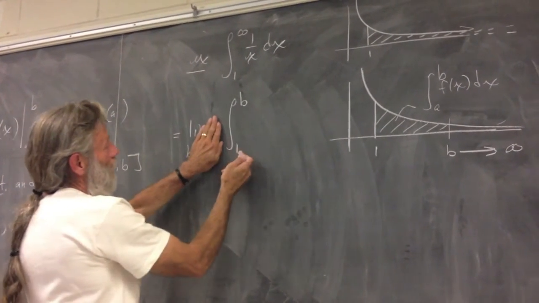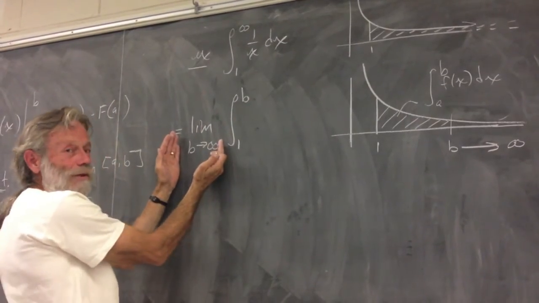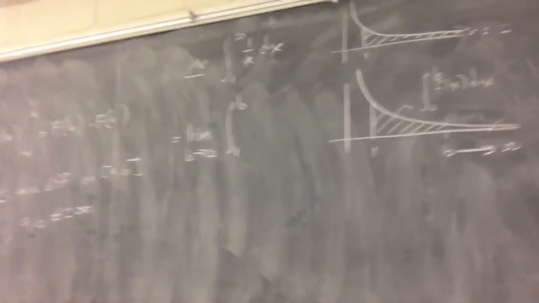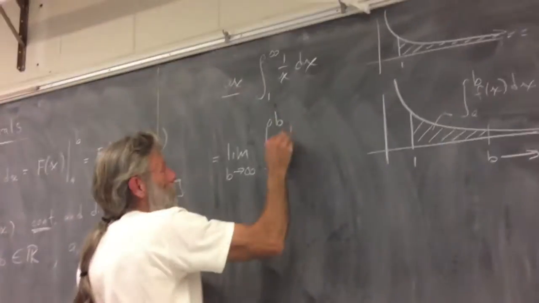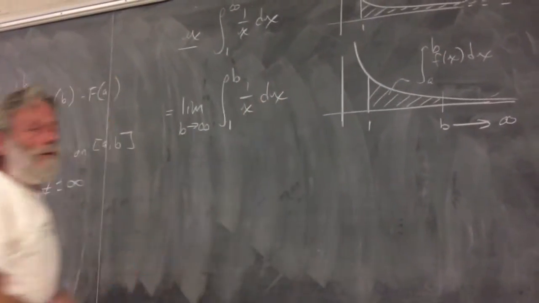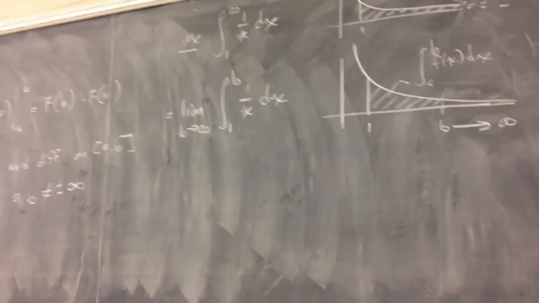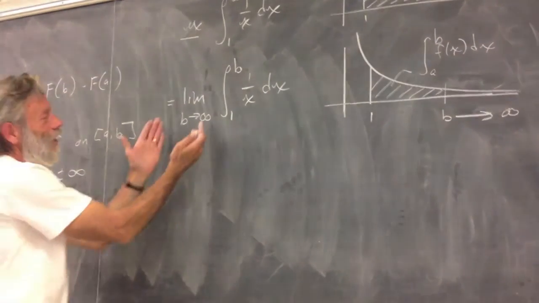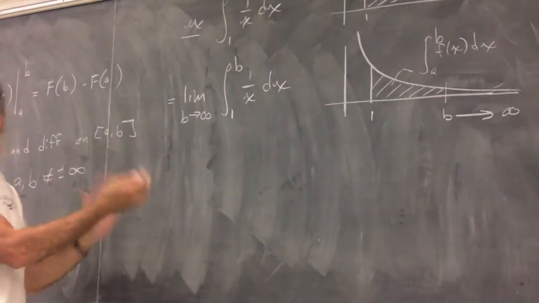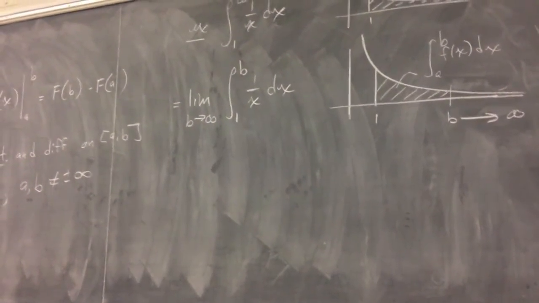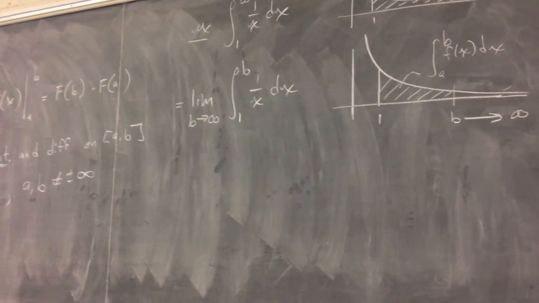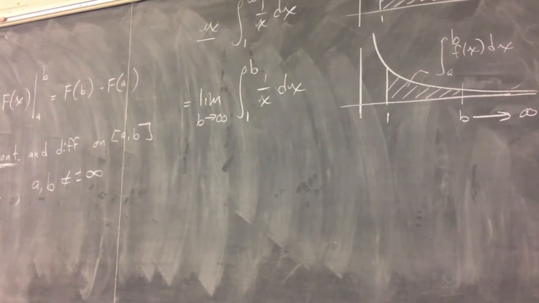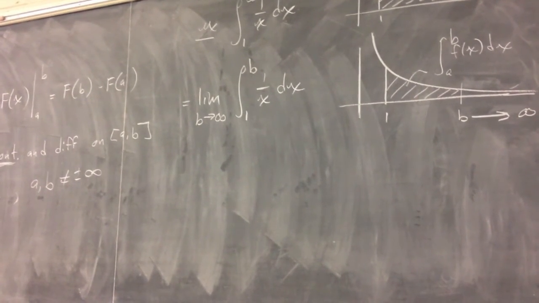I'm going to go just to b, but then shove b out to the side as far as it goes, and leave the rest as it was. It's a bit of a pain to keep writing this over and over as you work out your integral. Some folks don't bother; they just keep the infinity up there, and they know they mean a limit, not really a value.